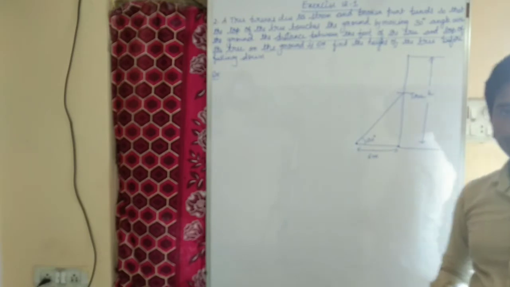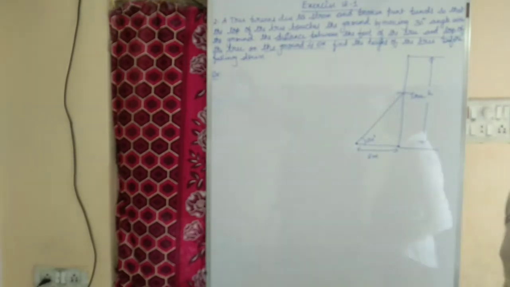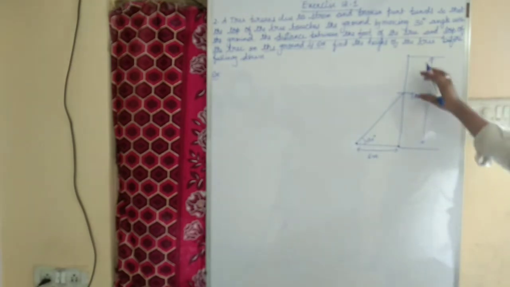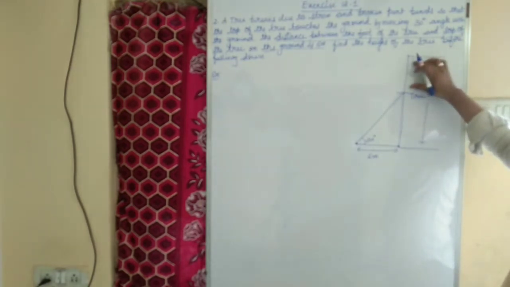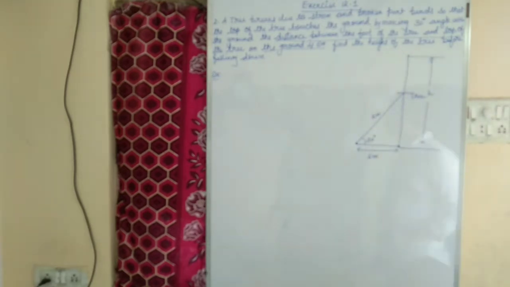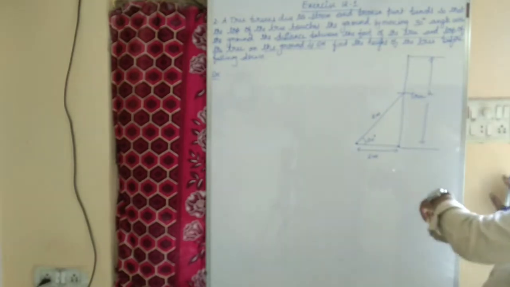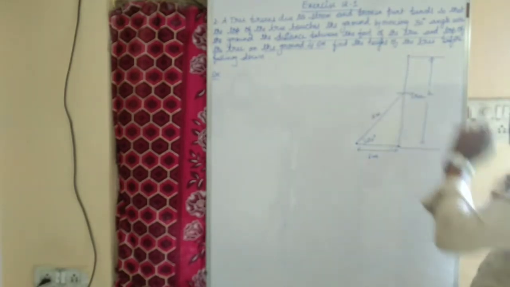Yes, children. Then we don't know what the height of the tree is. So let the broken part, whose length you consider as x meters. Not the whole part, so the broken part length will be x meters.